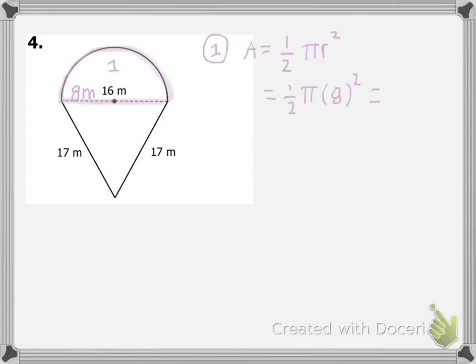Okay, so it's 100.53. It's meters squared. Alright, so now the second figure. We're going to have a triangle here.